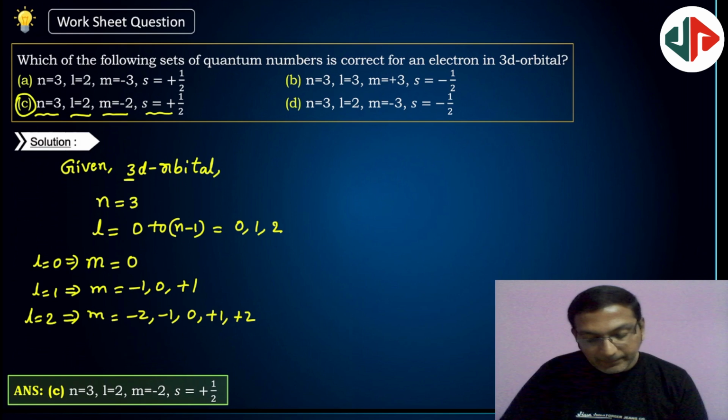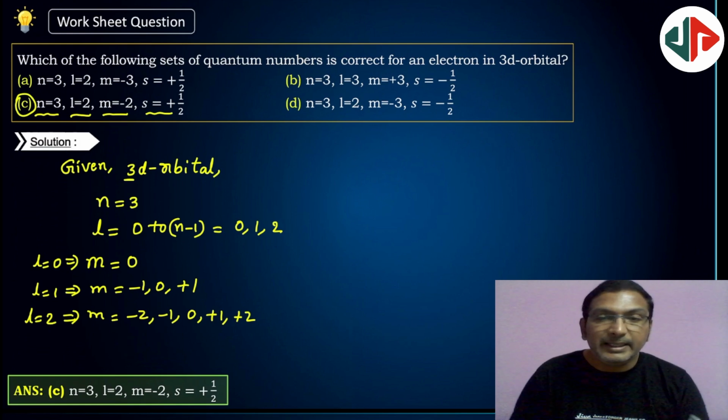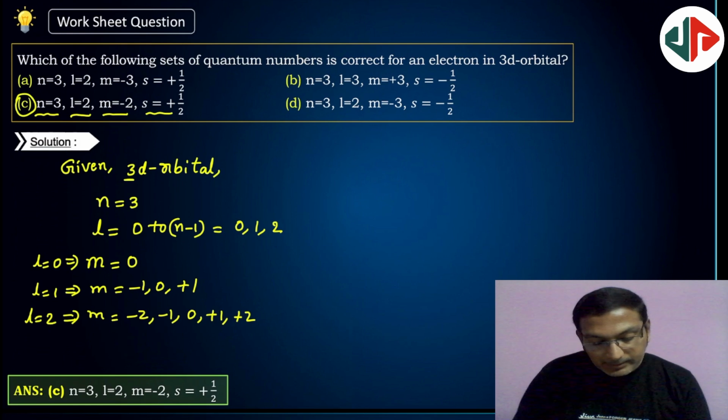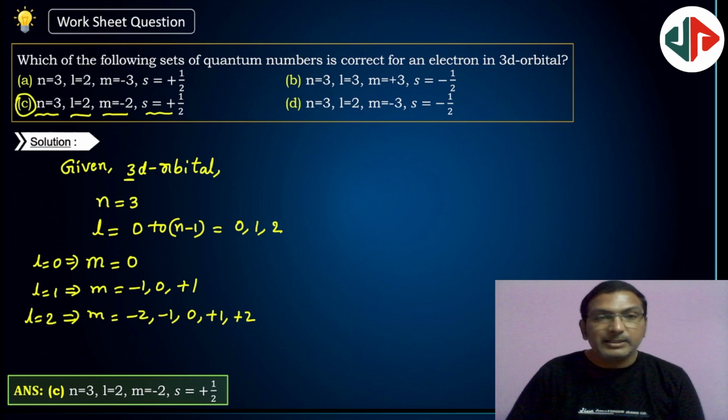In option B, n equal to 3 possible. l equal to 3 not possible. l equal to 3 means f subshell. Here given d orbital or d subshell. Next, option D. n equal to 3 possible. l equal to 2 possible. m equal to minus 3 not possible. In this way we can check which configuration is possible and which configuration is not possible.